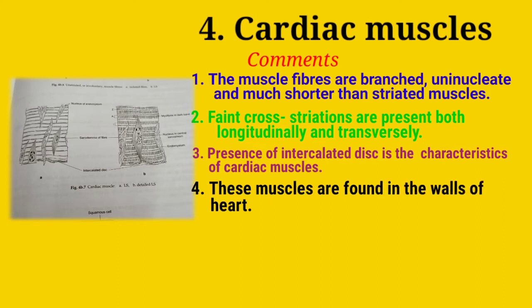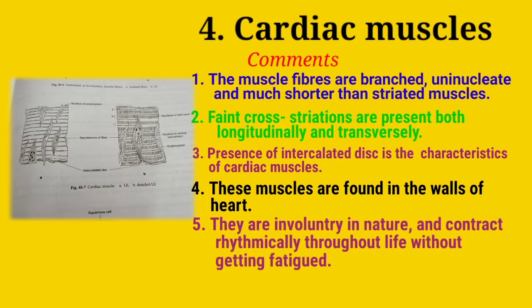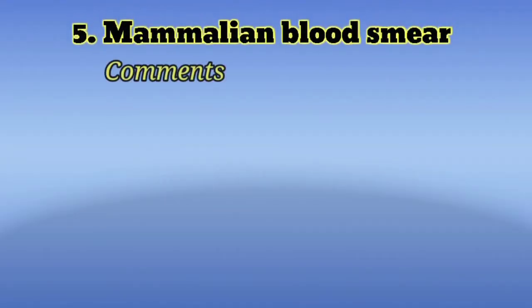These muscles are found in the walls of the heart, and they are involuntary in nature. Involuntary means they are not under the control of our will, and they contract rhythmically throughout life without getting fatigued. Next slide is human blood smear.